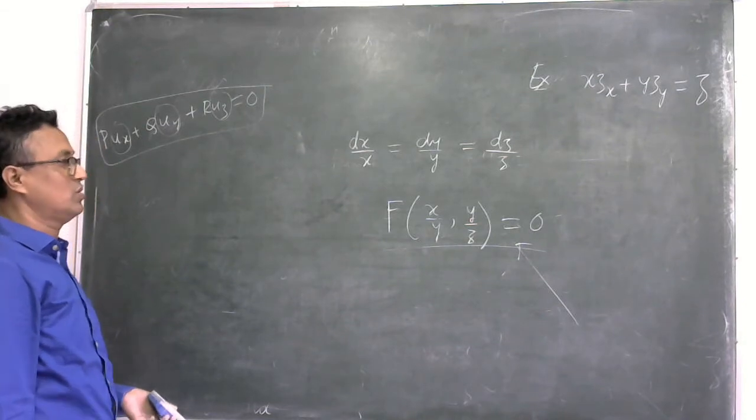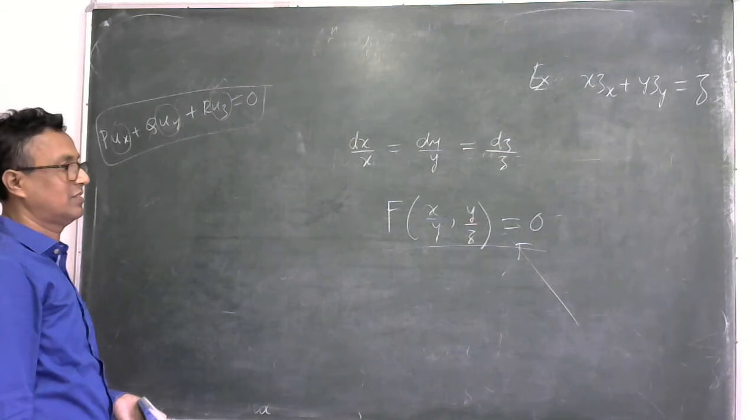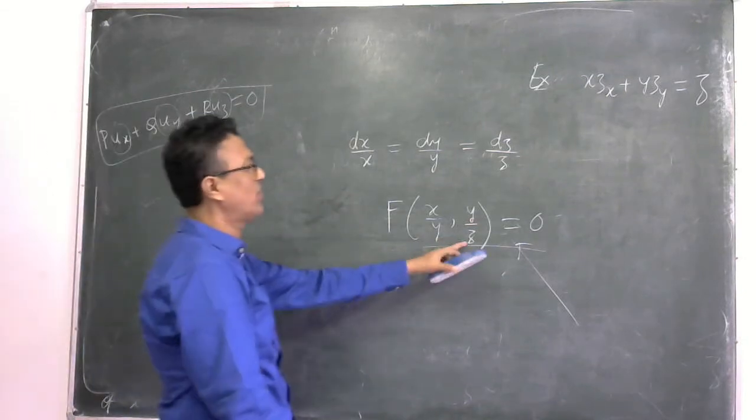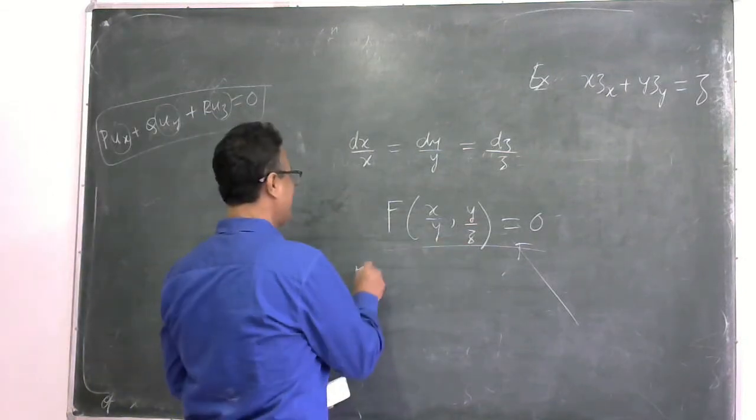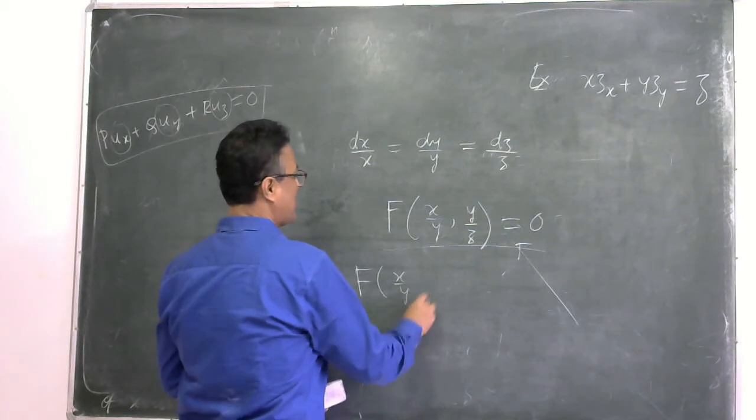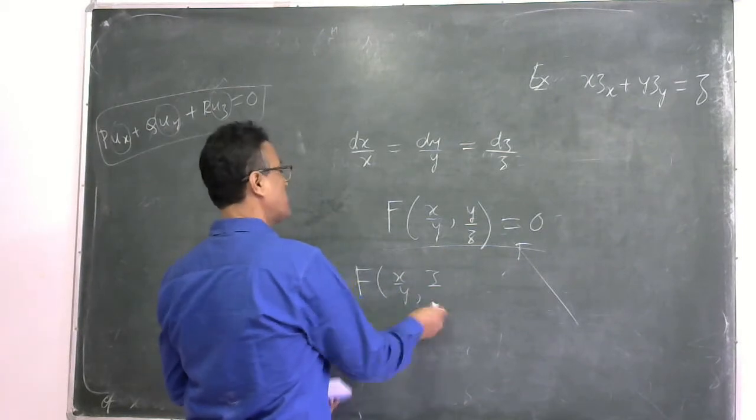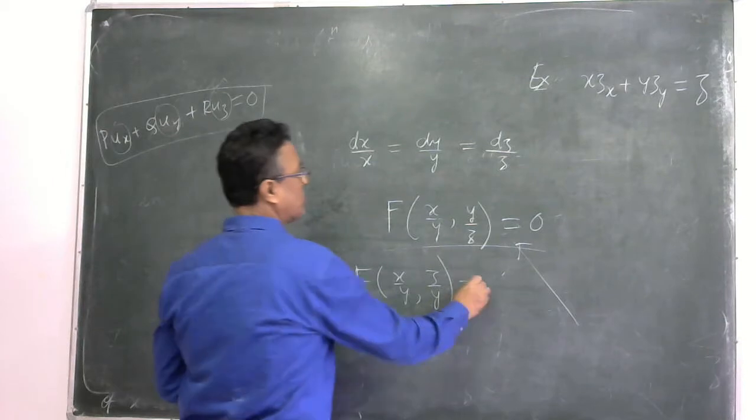From here, I can have something like this also: F of x by y, z by x, or z by y also. This is equal to 0.